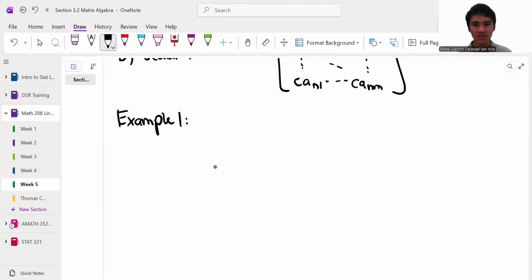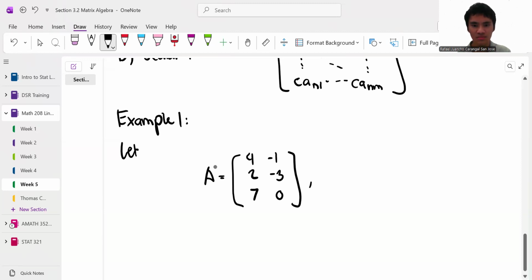Okay. So here, let's see. We let A be, or we let A have, okay, A is a 3 by 2 in this case. And B is another matrix, 3, 5, 0, negative 1, 0, 2.